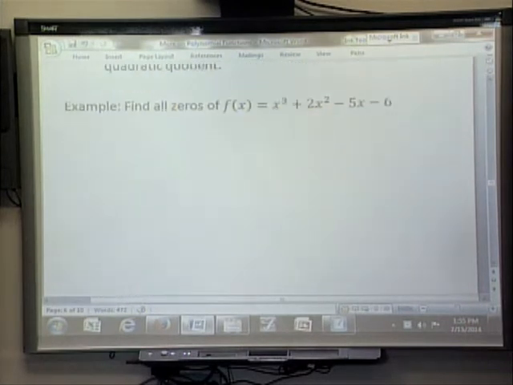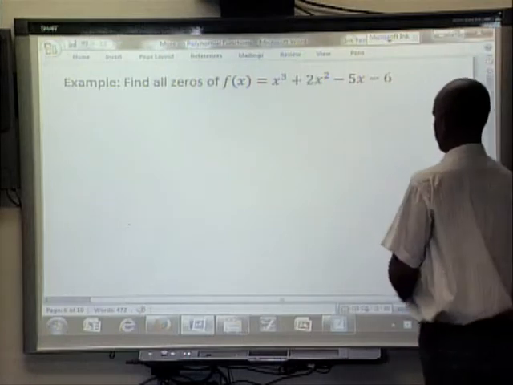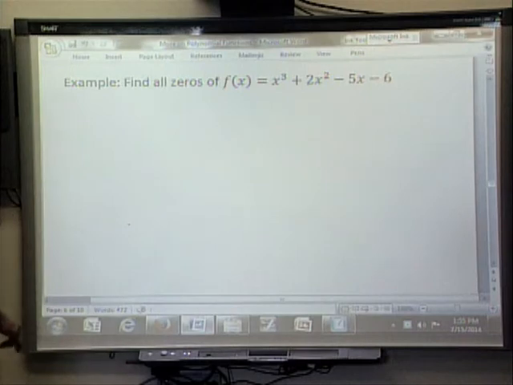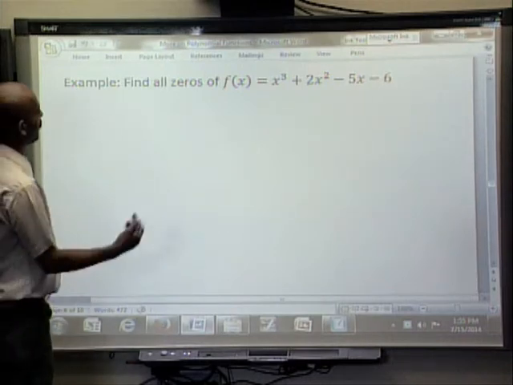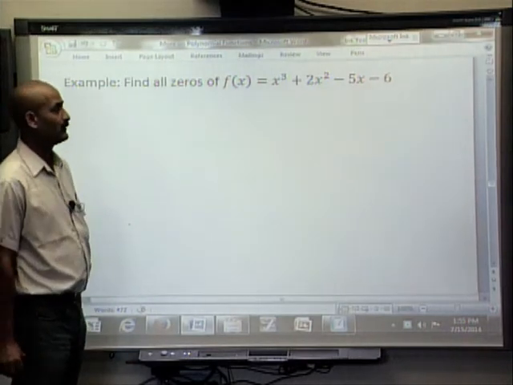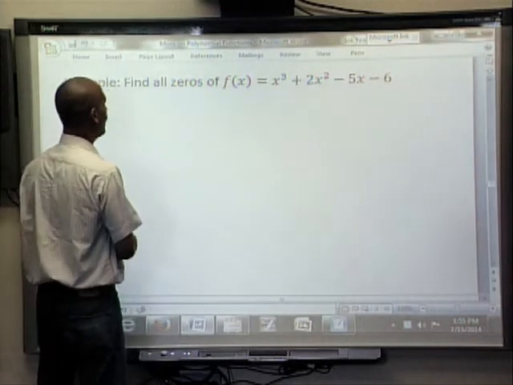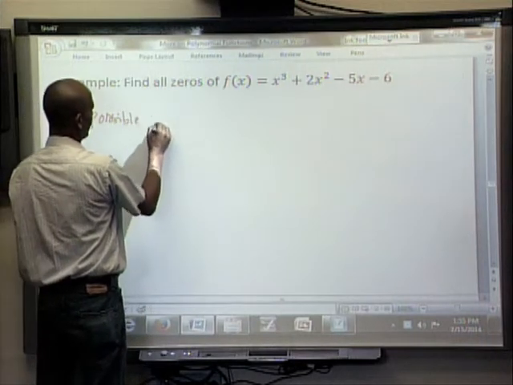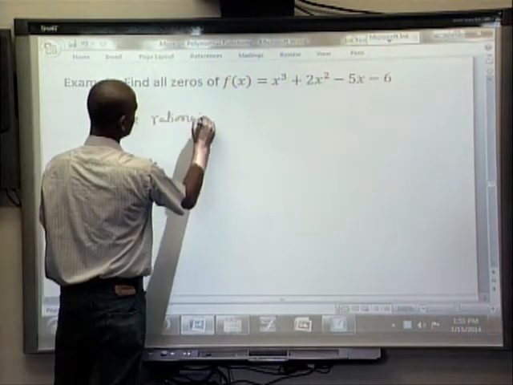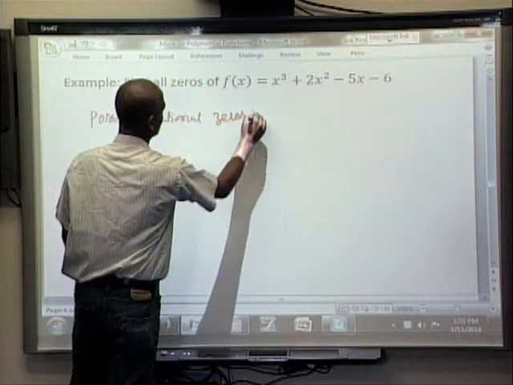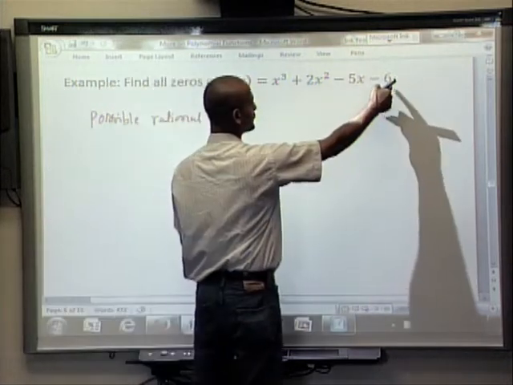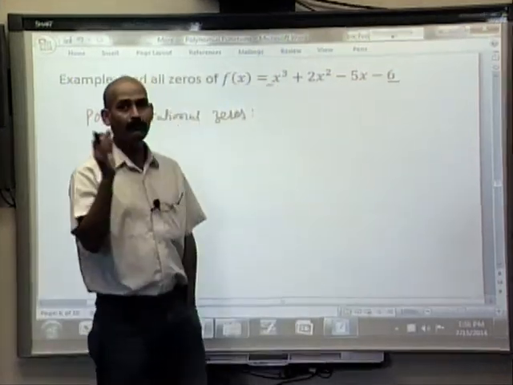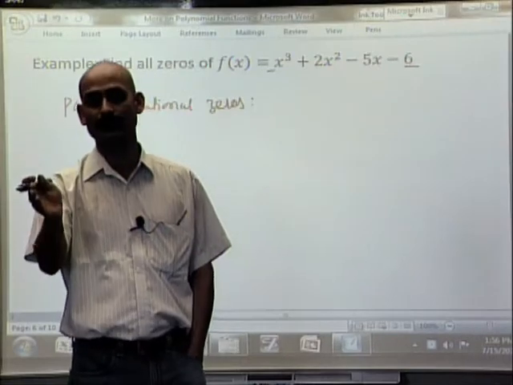Let me work on one of the problems here on finding all the zeros of a polynomial. So this is a polynomial and we want to find all the zeros. The first thing, I will make a list of possible rational zeros. These are factors of 6 divided by factors of 1. This is 6, this is 1. So I need to think of all the factors of 6 and all the factors of 1.